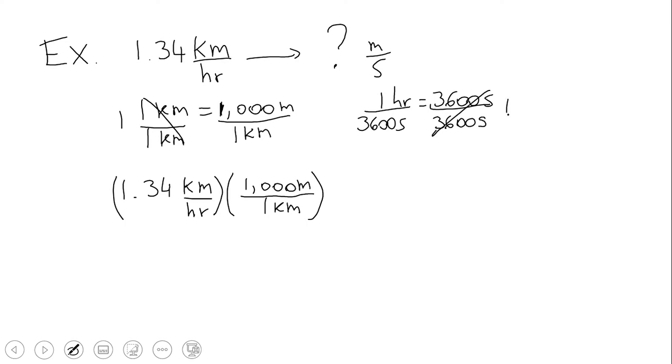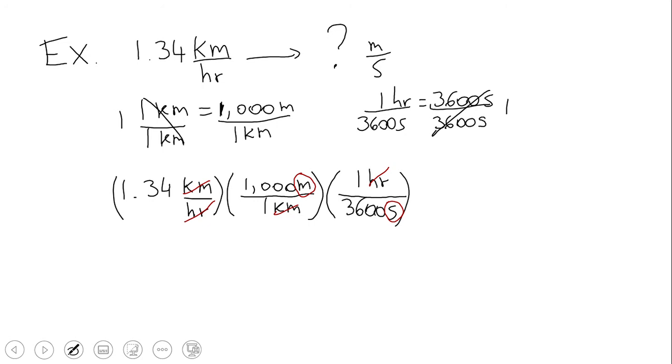Again, the right gives me 1. So when I write this, I get 1 hour divided by 3,600 seconds. And maybe let's use a different color now. And look, kilometers disappear, hours disappear. I'm left with meters and seconds.